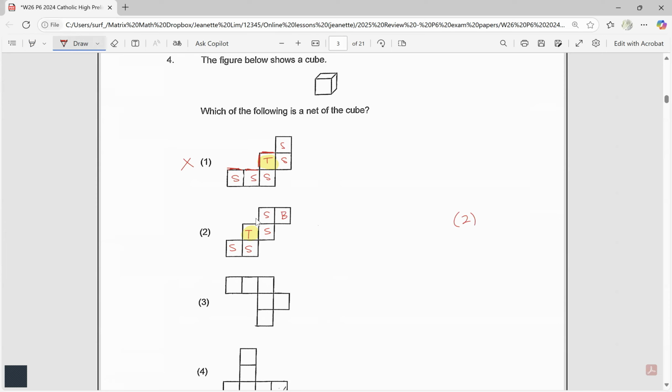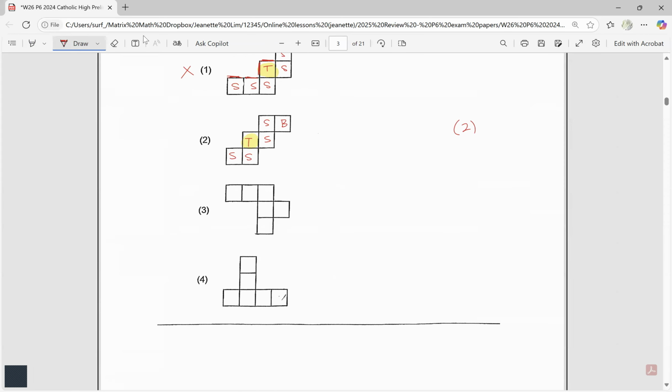Let's check the other 2 in case we made a mistake. Let's say this is the top. Then those connected will be this. This is a side, this is a side, this will also be a side, but this one over here will be the bottom, and this will also be the bottom.